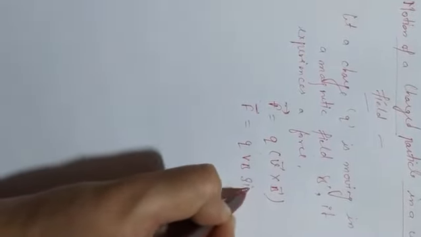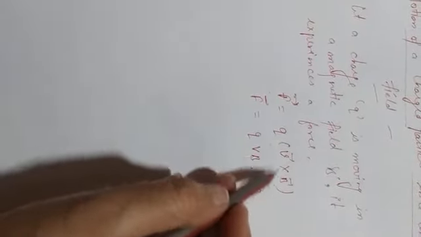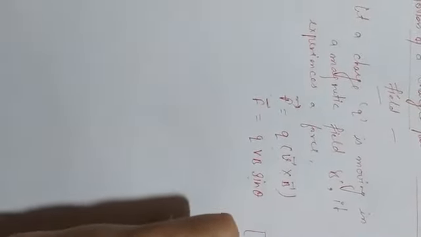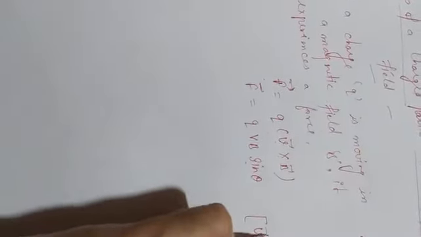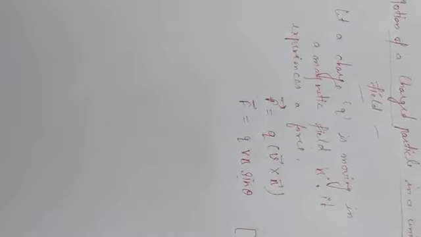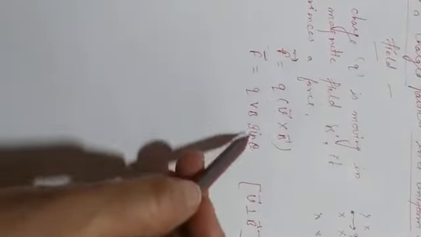Now we can write F equal to QVB sin theta. As we remove this cross, the direction of this force is perpendicular to both V and B, so we write VB sin theta. Do you know where we are writing this from?